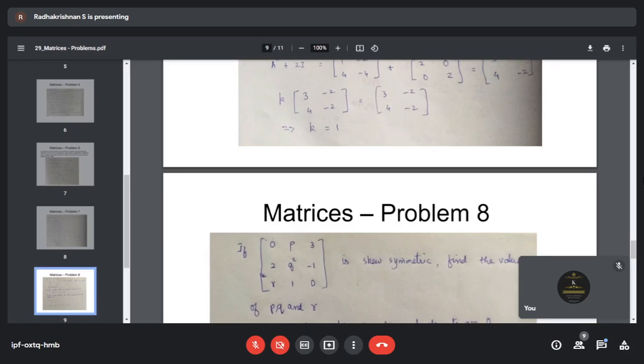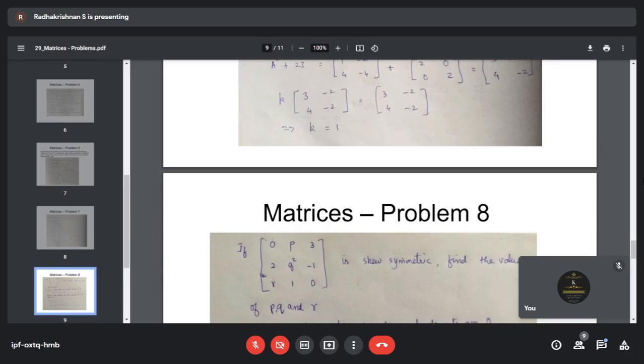And number 2, if you take the mirror image, the corresponding terms, one will be equal to the minus of the other. So p will be equal to minus 2. Where there is 2, there must be minus 2. Where there is 3, there must be minus 3. Here 1 and minus 1 are correct. Everything must be like that if it is skew symmetric.